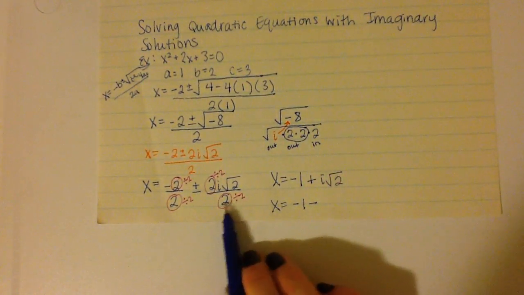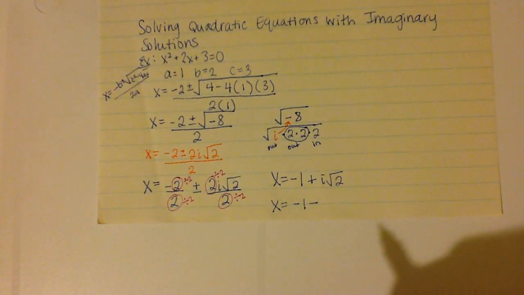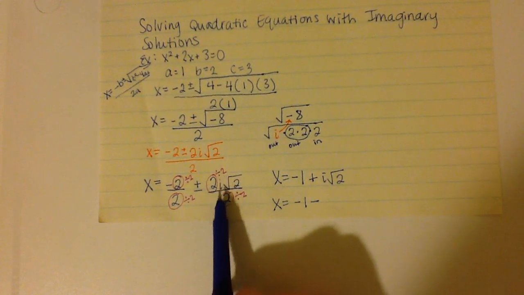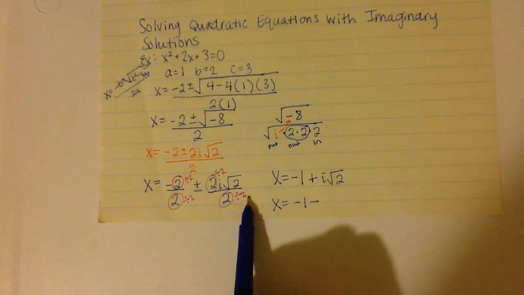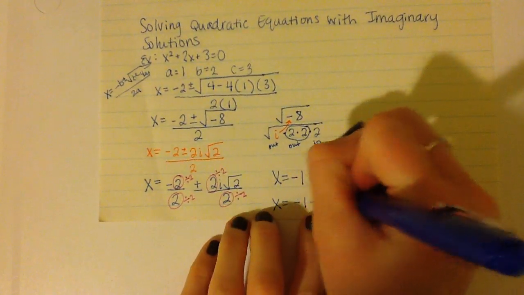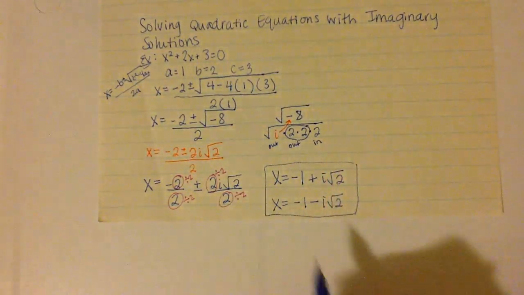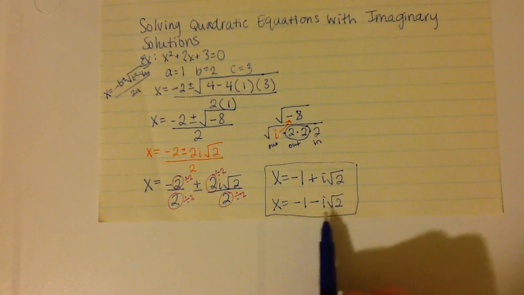And then 2 divided by 2 is 1, so that's over 1, so we don't need to write that. So x equals negative 1 plus i radical 2, and x equals negative 1 minus i radical 2.